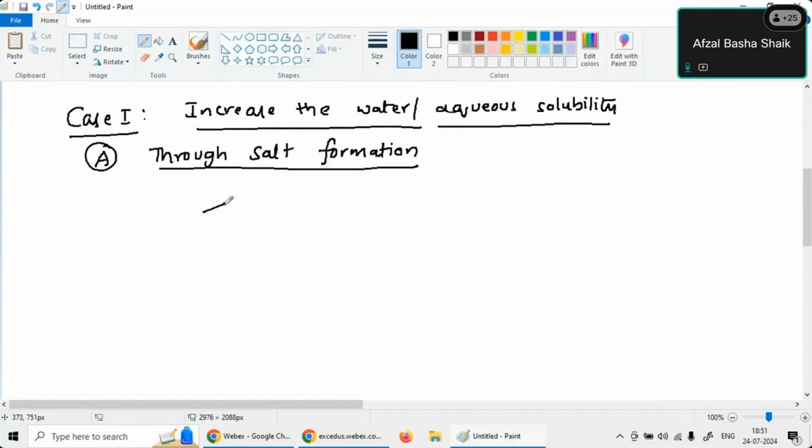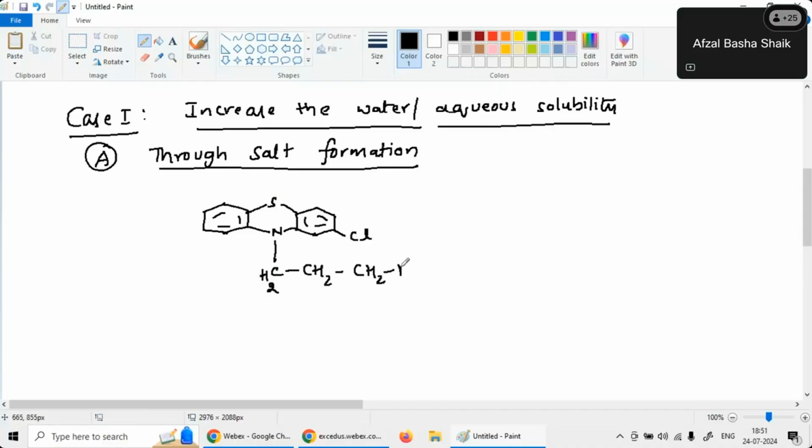Say for example, if you take one important drug molecule, what is this molecule?